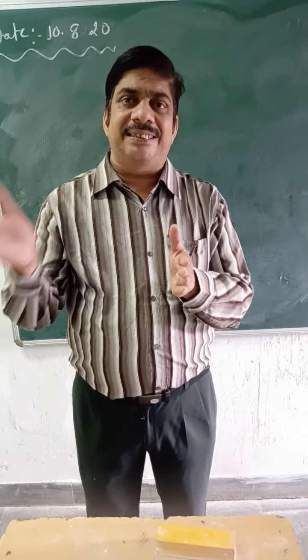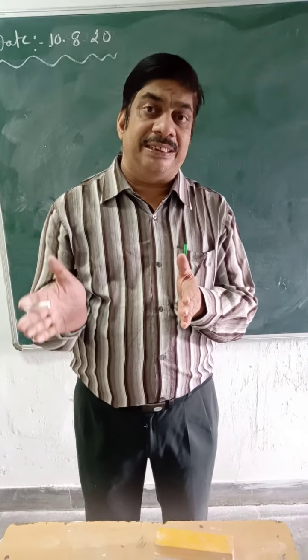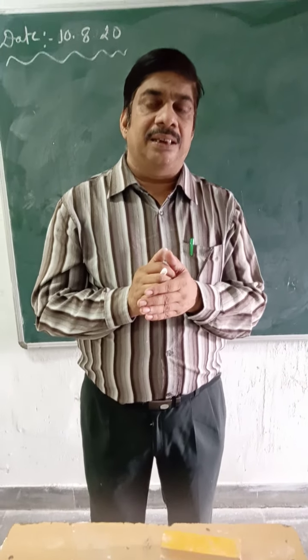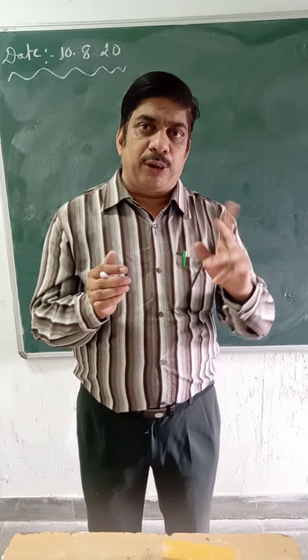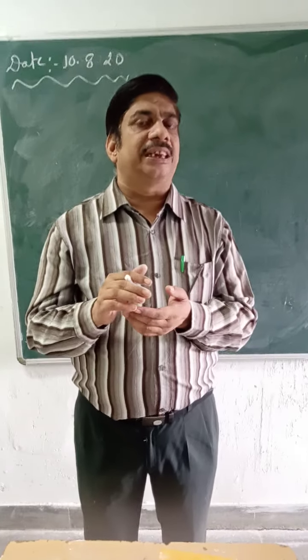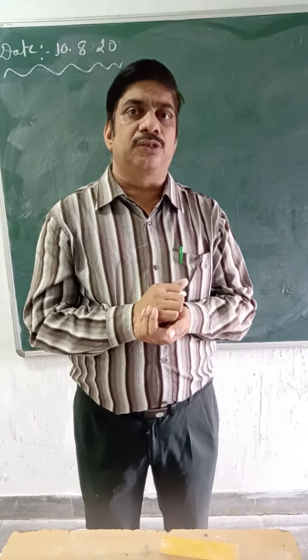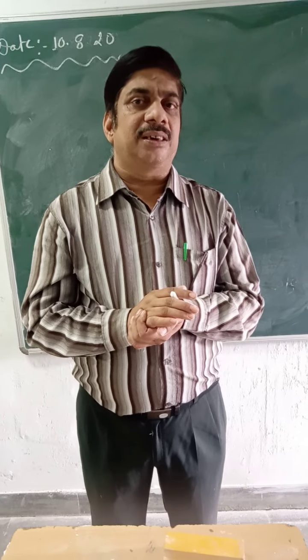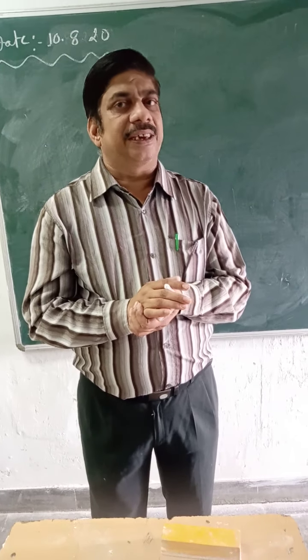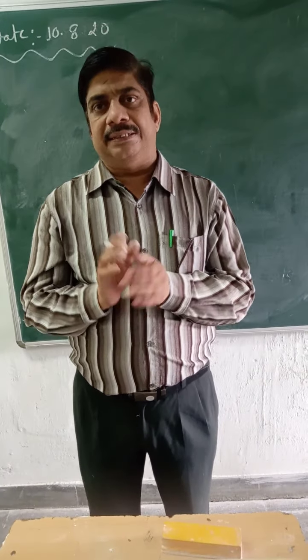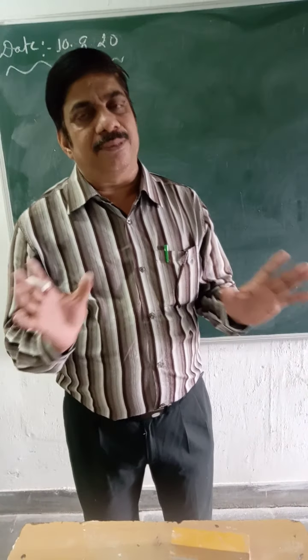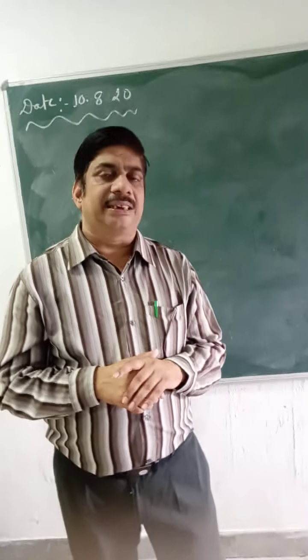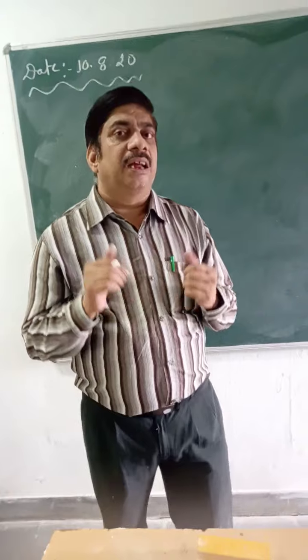If the distance increases, the magnetic field decreases. And if the polarity is changed, the direction of the magnetic field is also reversed. These are the experimental observations of the magnetic effect of electric current.